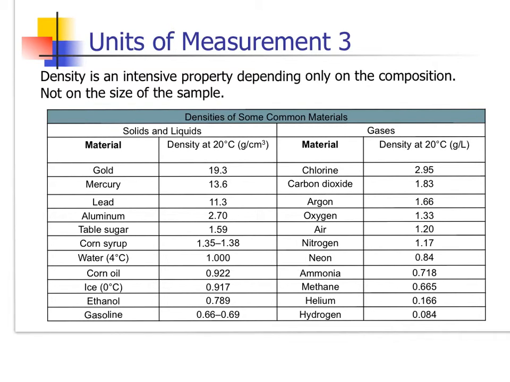And so if you look at where water is here, we'll see that, oh look, ice is less dense. That's an oddity for water, actually, and most of the time solids compared to their liquid form are more dense.